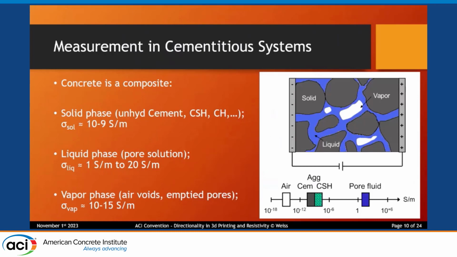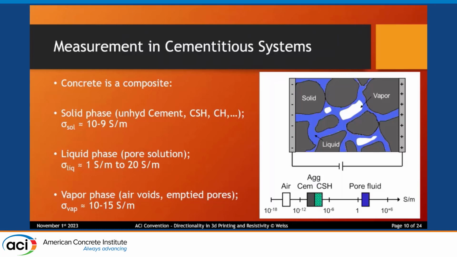Now, what we're actually measuring when we look at this, right, there are really three phases in the system that we're looking at, right? We can look at the vapor phase, we can look at the solid phase, or we can look at the fluid phase. The vapor phase is these air pockets or vapor-filled pockets that might be inside of the system. They have a conductivity that is incredibly low. They're very difficult to conduct electricity through. Our solid phases, whether it's the solid cement or whether it's an aggregate, again, have a very, very low conductivity.